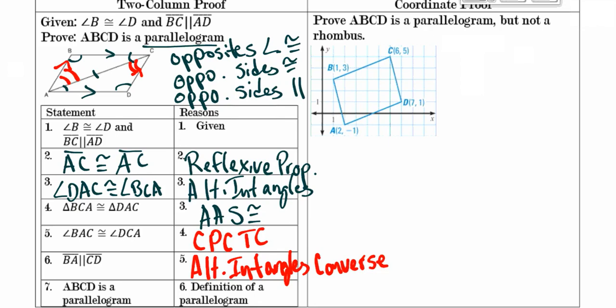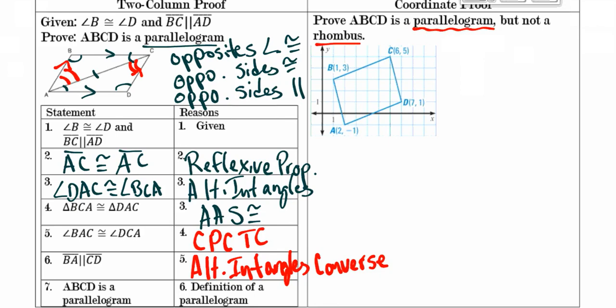That's the exhaustion of that process. I kind of like the structure of that because it's kind of just like filling in the blanks. This coordinate proof completely loses that structure, but you don't have to go through these theorems nearly as much. You're now going to use the formulas that you see at the top, distance, midpoint, and slope, to actually just show that this thing has two sets of parallel sides, but it's not a rhombus.